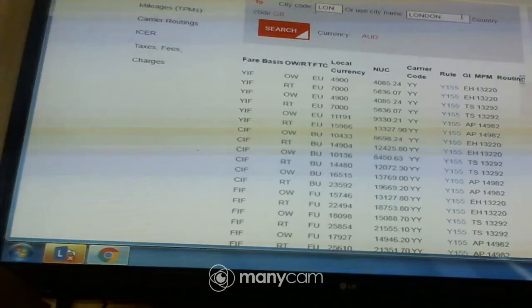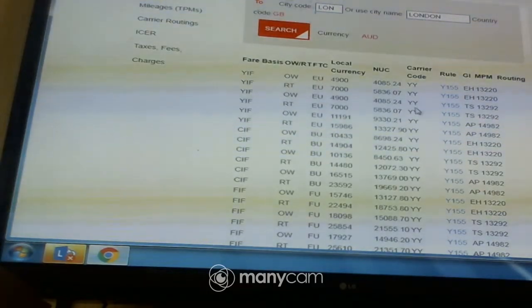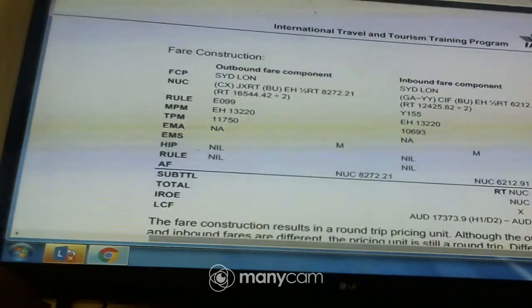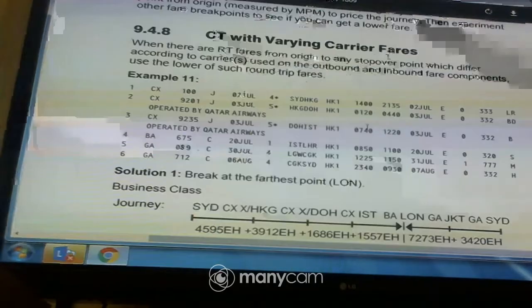So if you open this rule, you are told business class one way, OJ by Garuda, additional differences seasonality. Then we have 17. Let us see, just a minute. Application: flight travel permitted on Garuda flights is exception, not valid on codeshare flights.